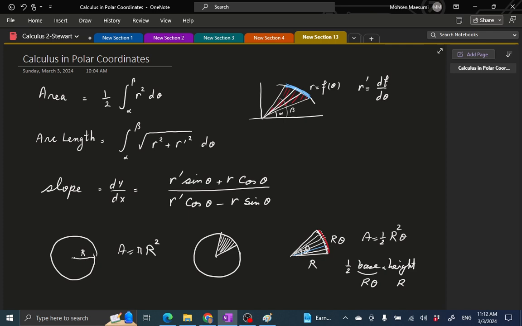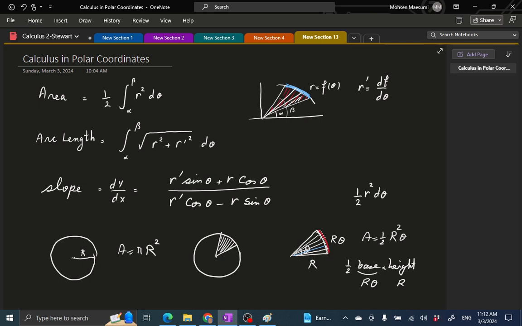Each of them is like one of these sectors. Each of them is going to have 1/2 radius squared. No, the radius is not constant. Each angle has a different radius. So 1/2 r squared, and the angle for each of these sectors is going to be d theta.